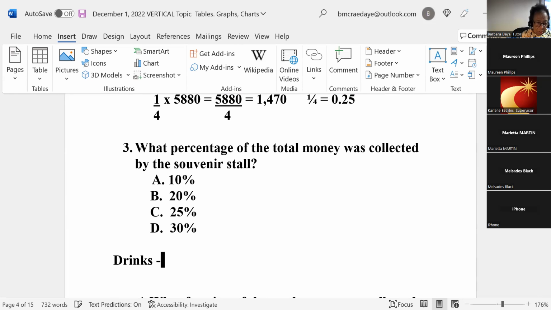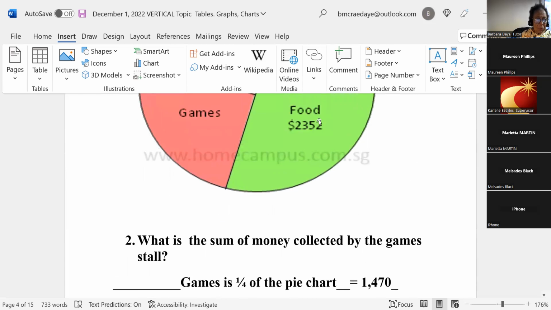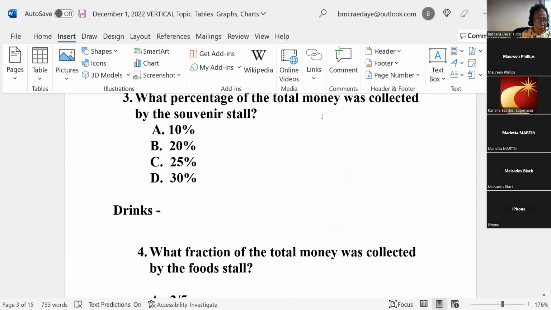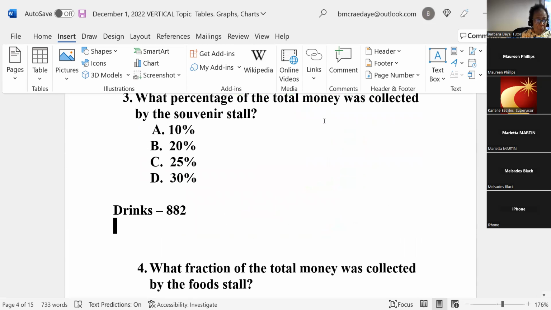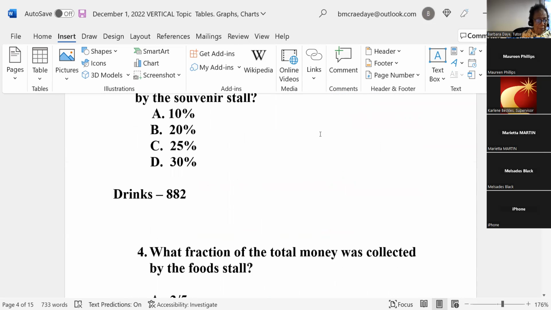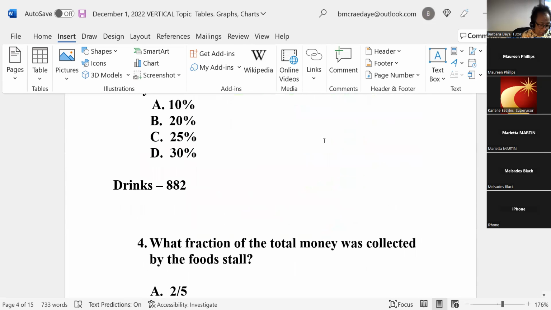Drinks was how much? 882. Okay, drinks is 882. Now, the one we just did was what? Games is 1470. So let's put games is 1470.